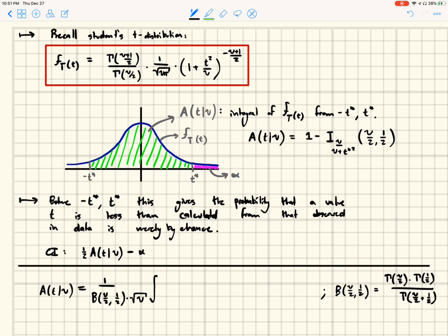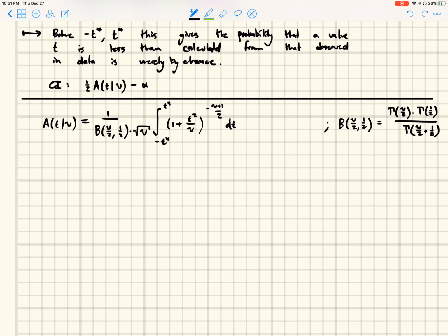Returning back to the integral, it's between these two values here, and it's of this integrand, dt, and we're going to show that that's equal to 1 minus this regularized incomplete beta function.